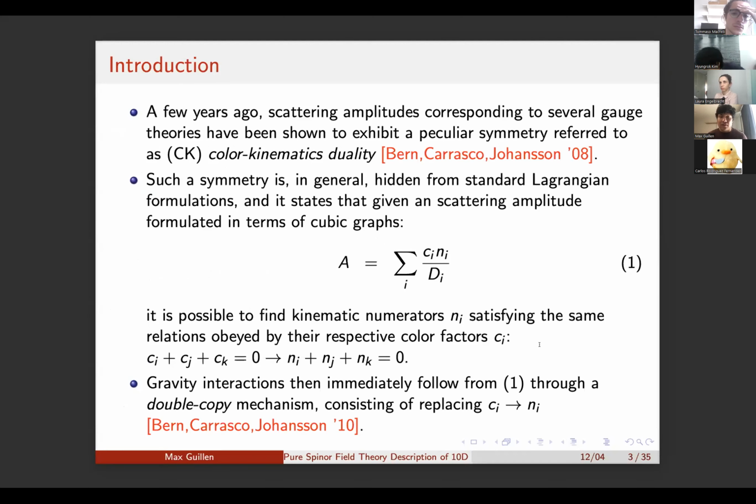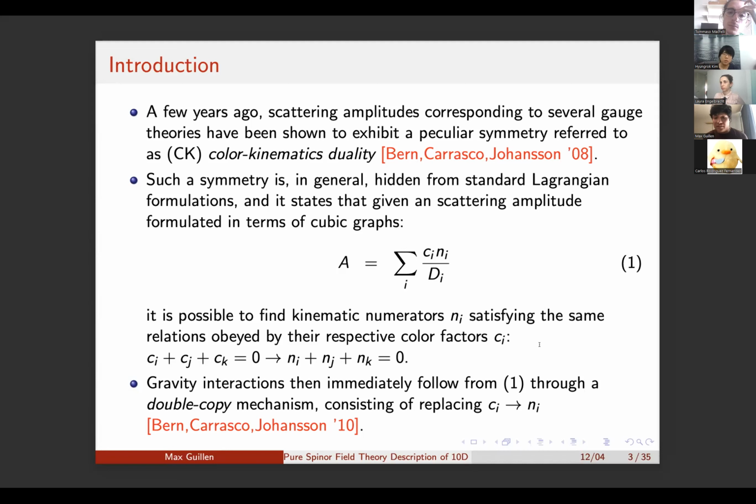So I think all of us here know that color kinematics duality is probably one of the most important discoveries that we had in the last few years. This was discovered at the level of scattering amplitudes and is still not well understood, because it is kind of a hidden symmetry from the Lagrangian viewpoint, right?